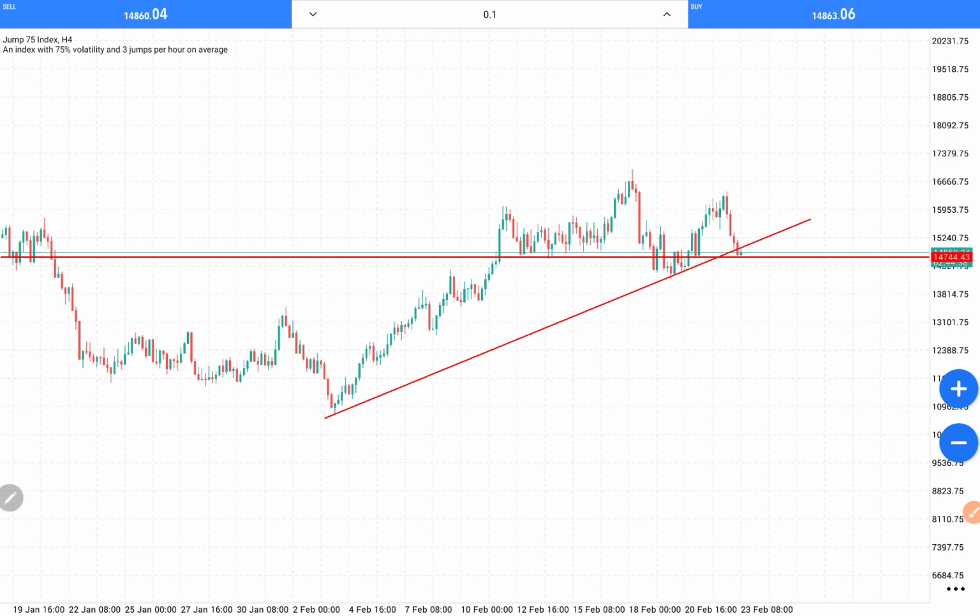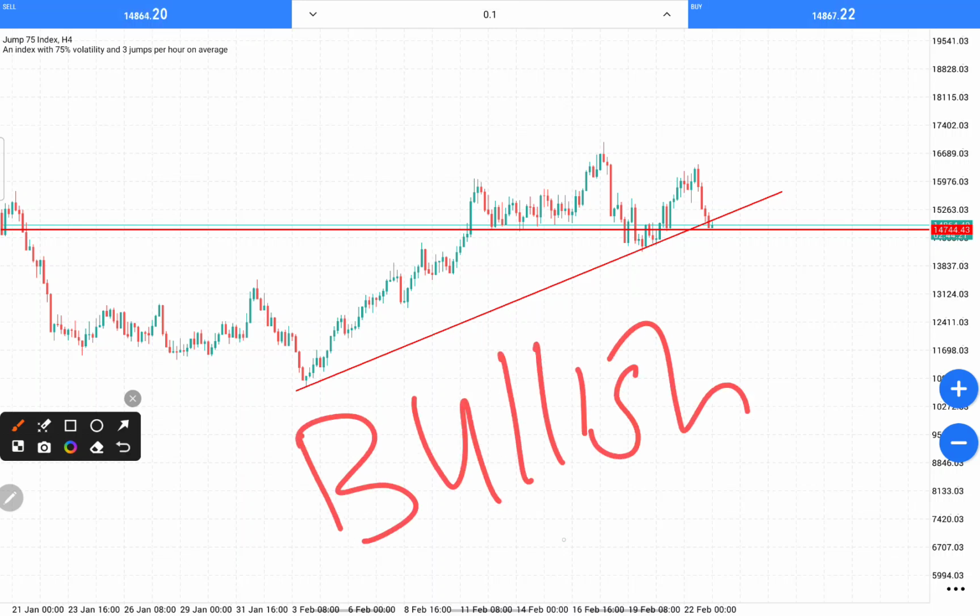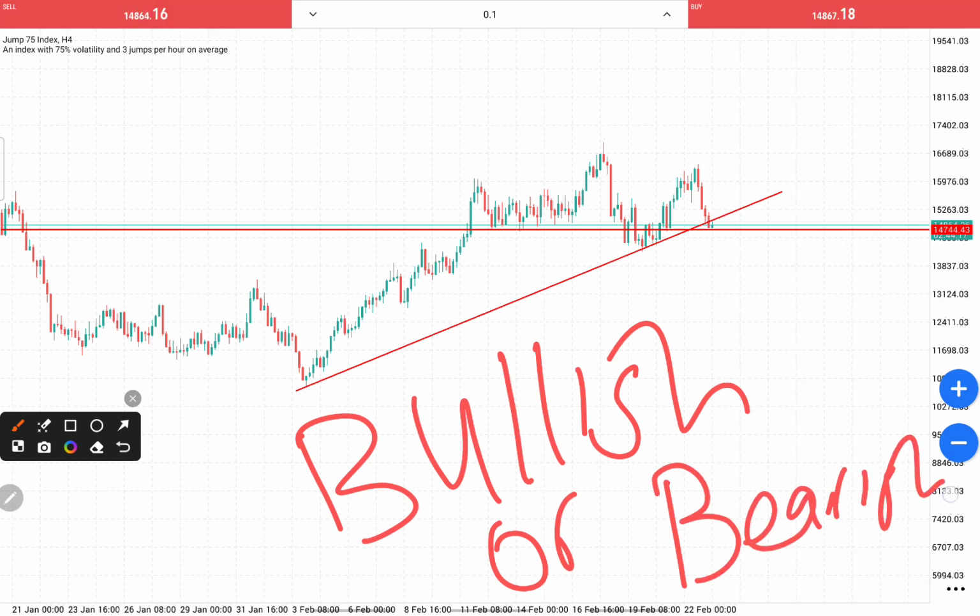Now I said that if the market is buying and then you don't know where to enter the market from, just look for where there is an impulse movement in the market, either a bullish candle or a bearish candle. Those are the things that you need.